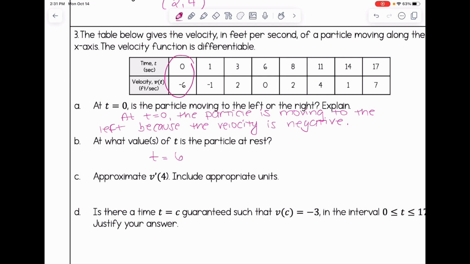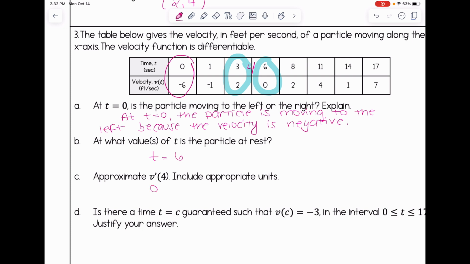For C, we're going to approximate v prime of 4. So 4 in our table would be here, right? So if I was trying to approximate the rate of change at 4, I'm going to use the two surrounding values to find the slope, and we're going to make sure we include units here.